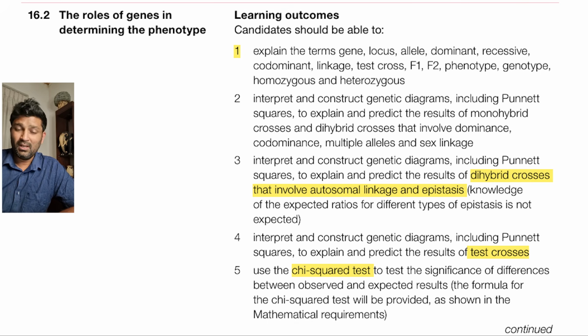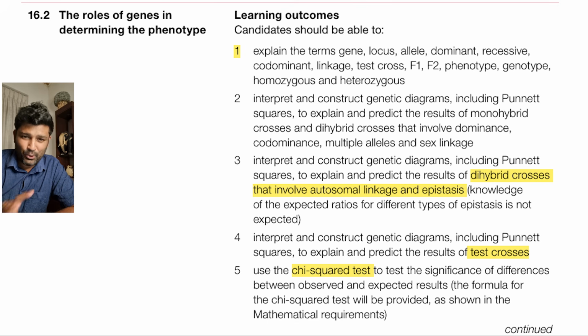Your textbook has good questions on this, and even the exam style questions, there are good linkage questions, as well as one question on epistasis. Now again, epistasis, you don't need to know how it happens and all that, but they could always give you a question saying that there is a particular gene in a particular organism, and that gene has an effect on the other gene which you want to look at the inheritance of.